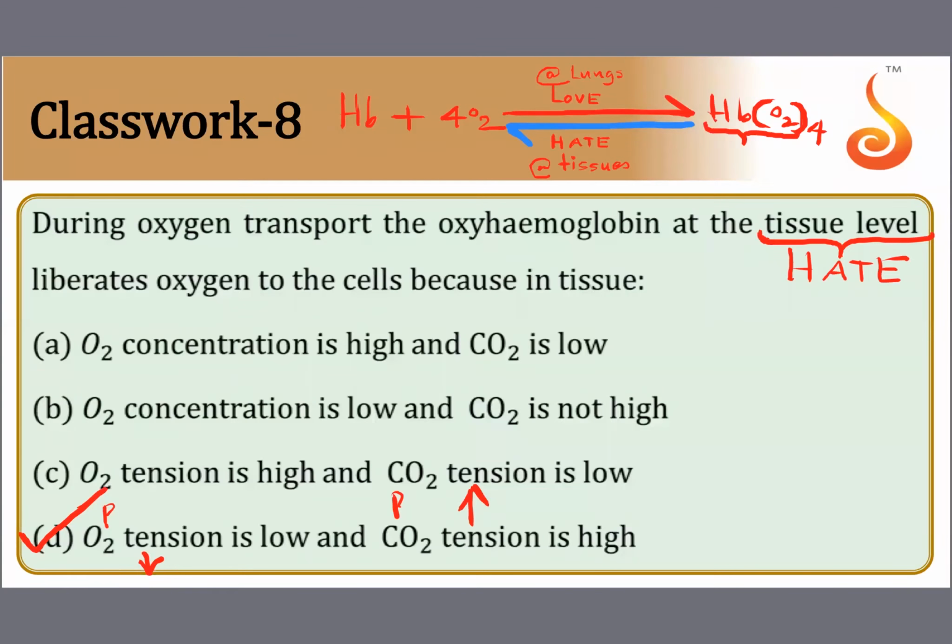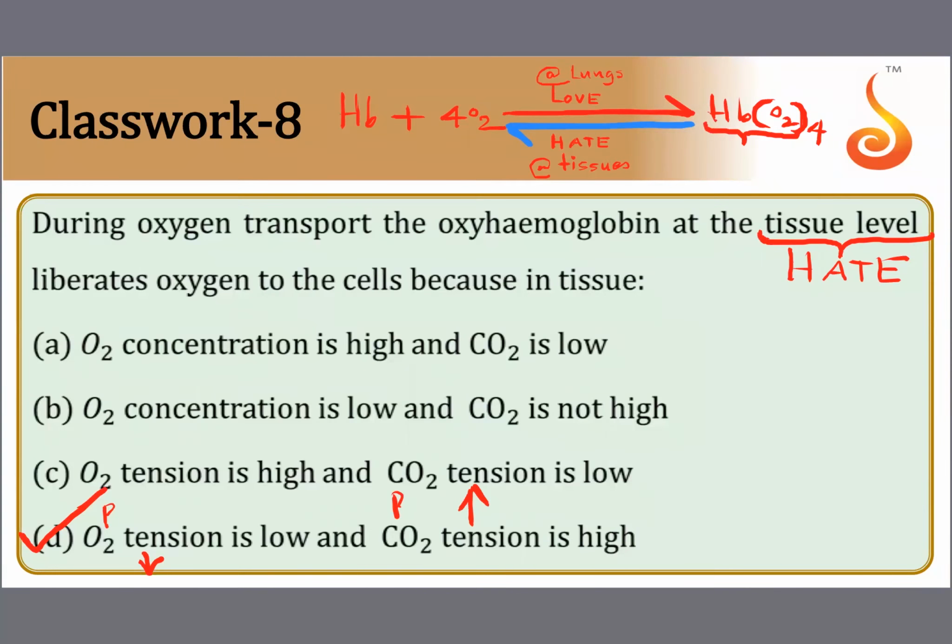Your tissues are using up all the oxygen and liberating carbon dioxide. So obviously the carbon dioxide tension will be very high in the tissues and the oxygen tension will be very low in the tissues. This is the thing that is responsible for the hate that breeds between hemoglobin and oxygen.